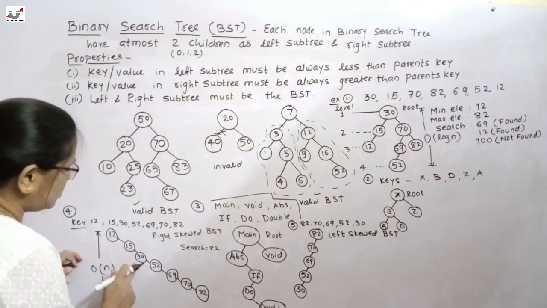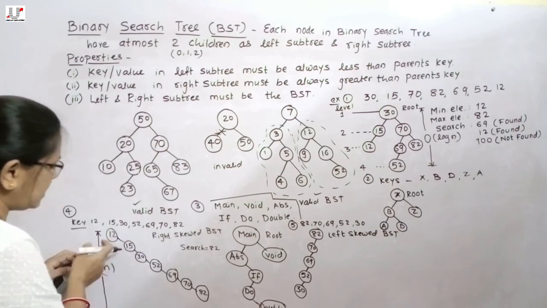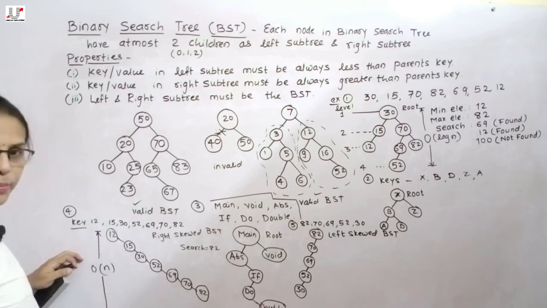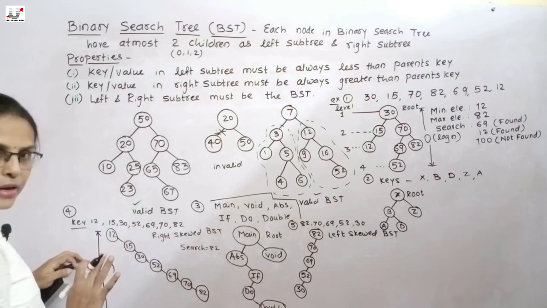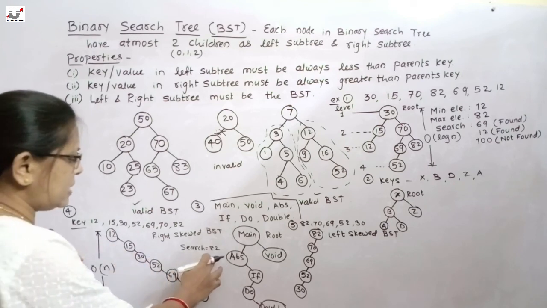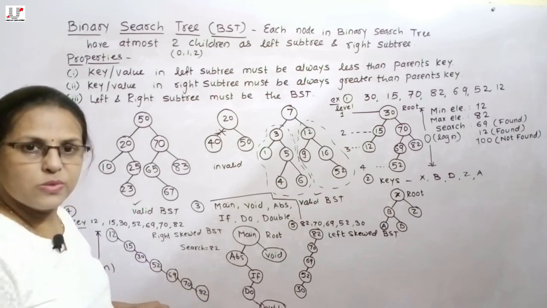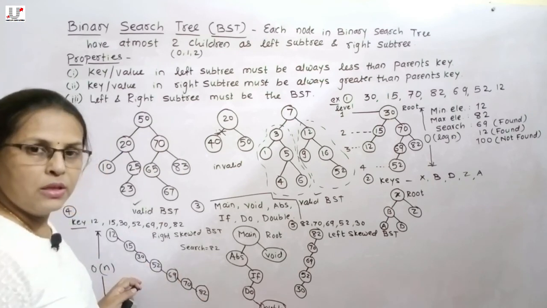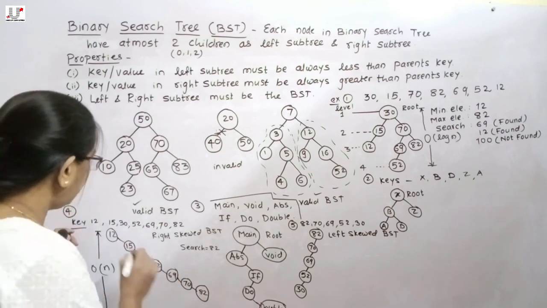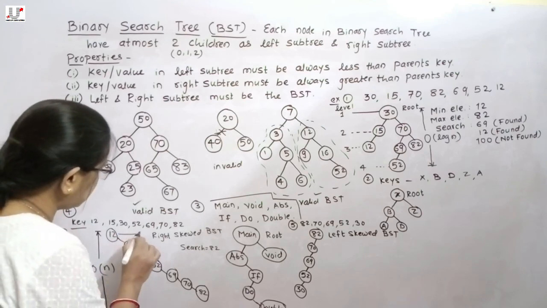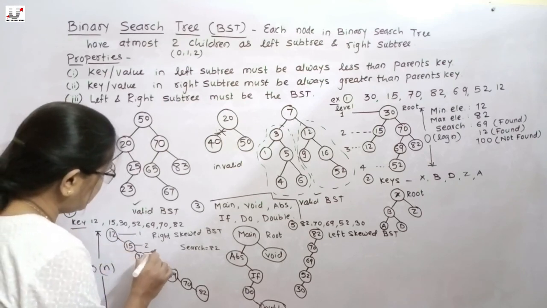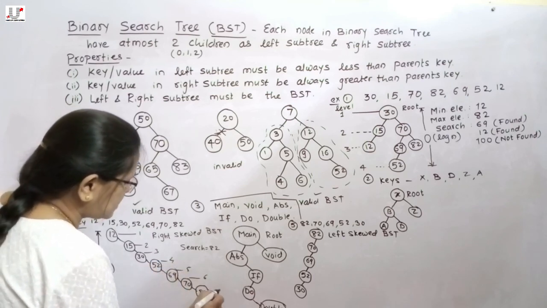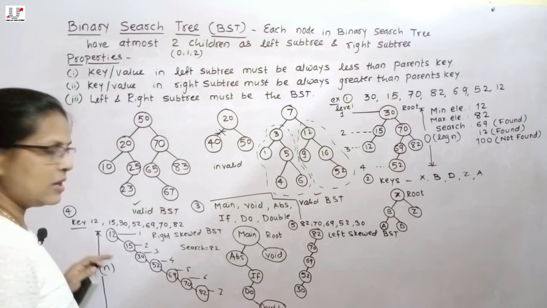So here 1, 2, 3, 4, 5, 6, 7, seven elements are present. So it takes a maximum of height number of comparisons to check any element. If the element is present, it displays a message that the element is present, and if not present, it will also compare it with all the keys. So here this is the first level, second, third, fourth, fifth, sixth and seventh. So 7 is the level.